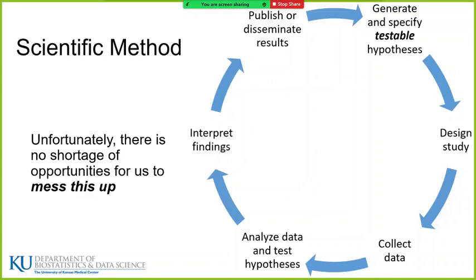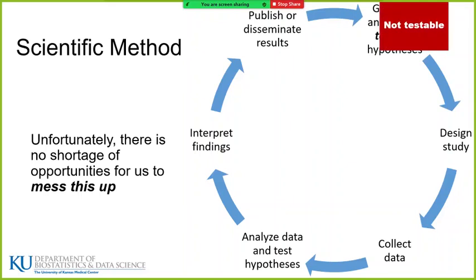We design studies around that. The studies produce data. We analyze that data and test our hypotheses, interpret the findings, and then we disseminate that information, which then further provides accumulating evidence to update and generate testable hypotheses, and this cycle is never ending.